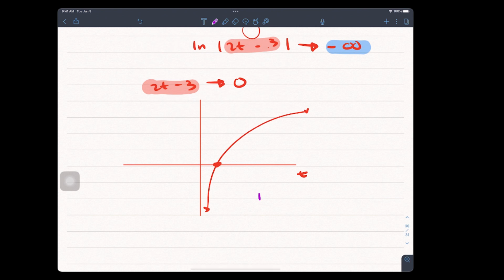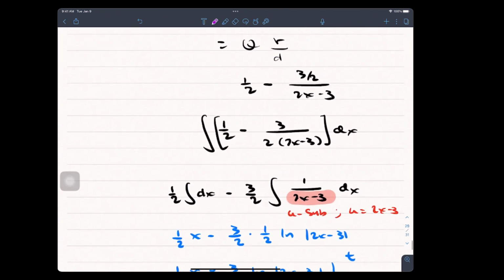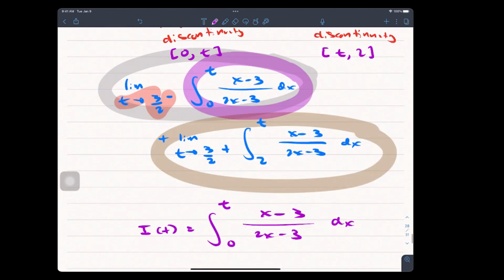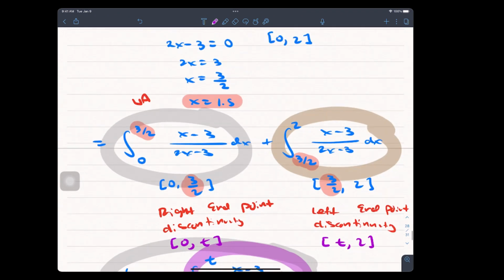So I of t goes to negative infinity. Now, what does that mean? Because this means a lot, ladies and gentlemen. This first improper integral diverges.